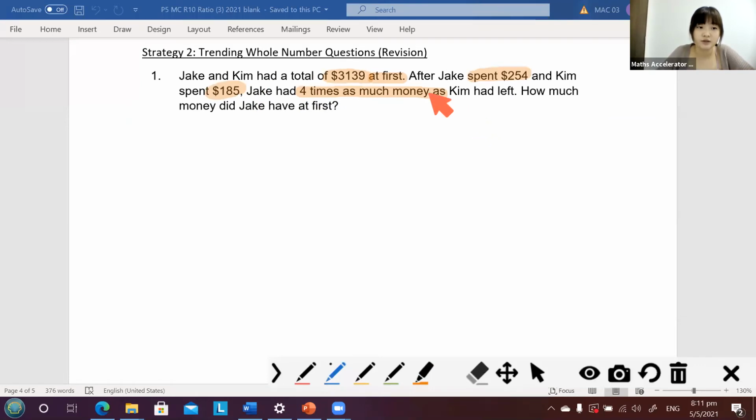So at the end, if you were to draw a model, what will you draw? Jake will be 4 units left. Okay, and Kim would be 1 unit. So you annotate in your question. Yes, correct, Jeremy. So 4 units here, 1 unit here. That's at the end. Okay, so let's work from the back. Okay, working backwards.